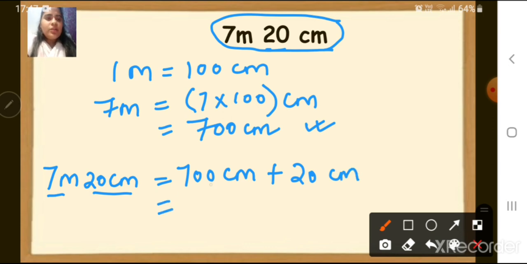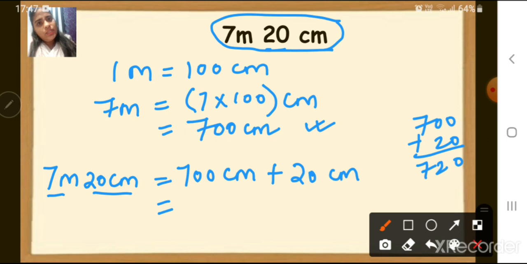Now let us do addition. 700 plus 20 centimeter is equal to 720 centimeter. This is how we have to convert. So 7 meter 20 centimeter is equal to 720 centimeters.